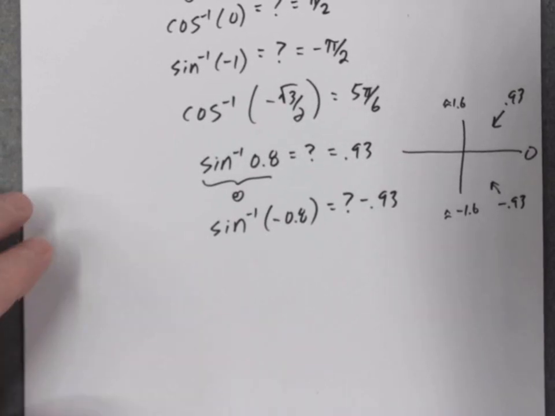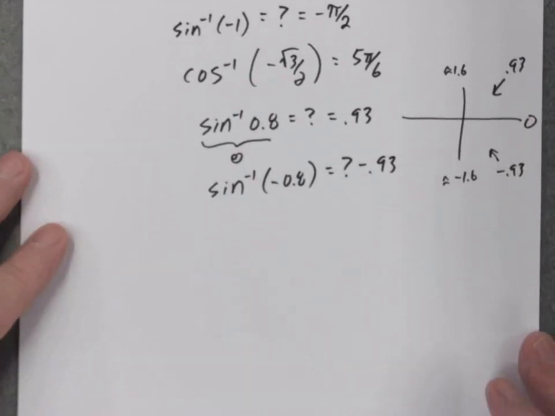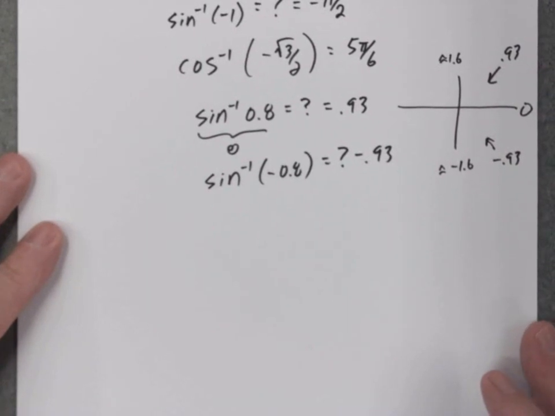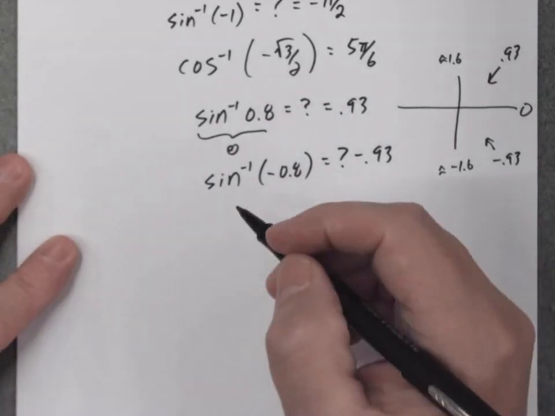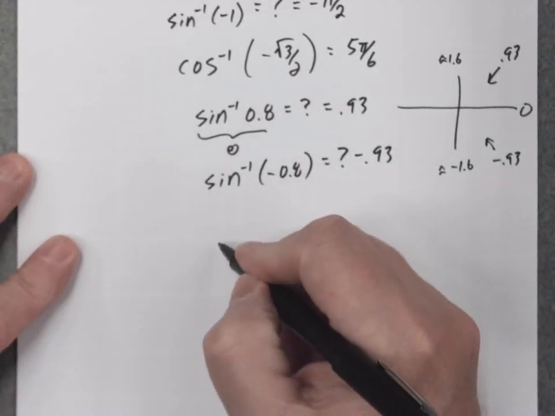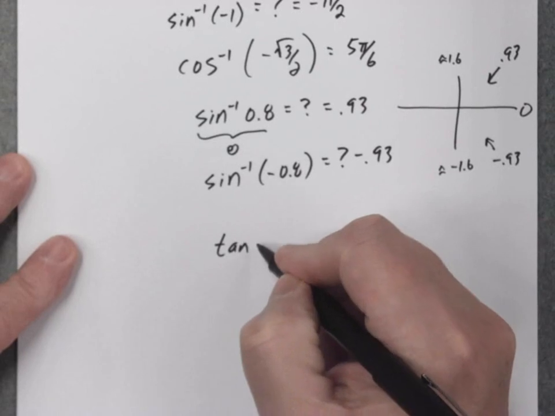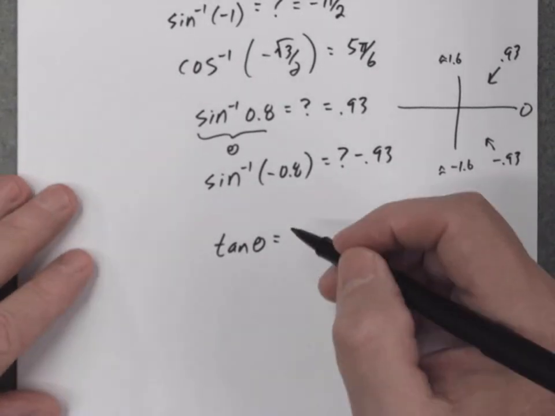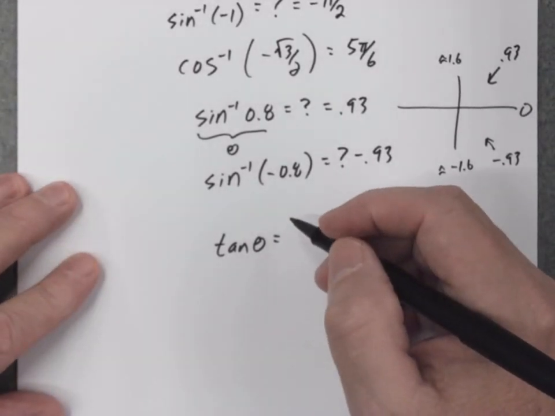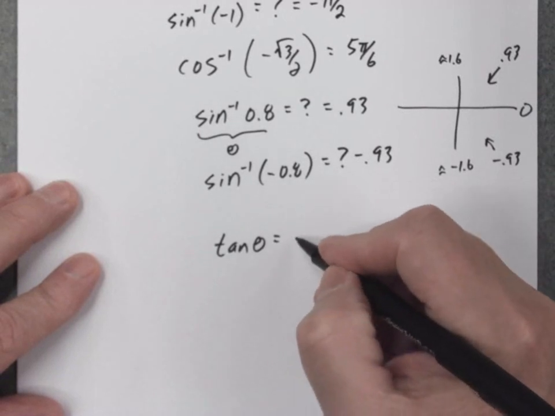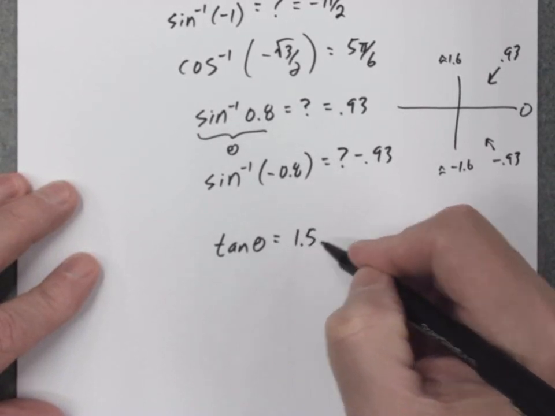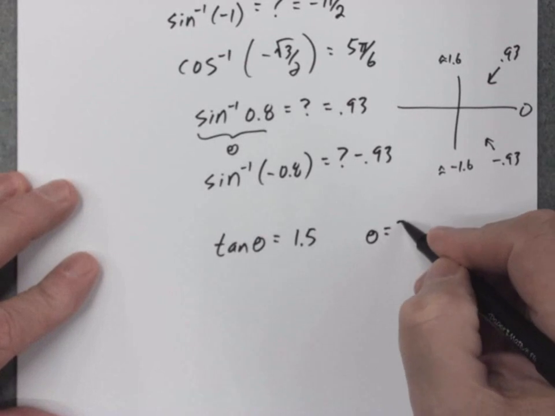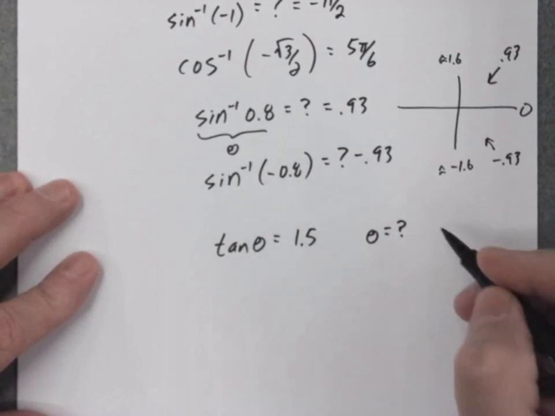So now let me say one last thing about inverse trig functions. This is how sometimes later on we're going to use them, and we have to be very careful. There will be times when we're trying to solve a problem and we're looking for the angle, and we'll have something like the tangent of theta equals 1.5, and we want to know what the angle is.